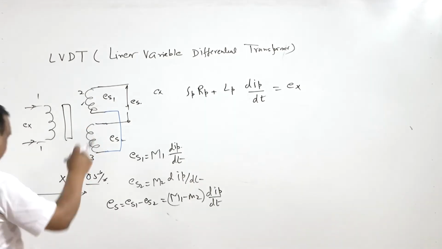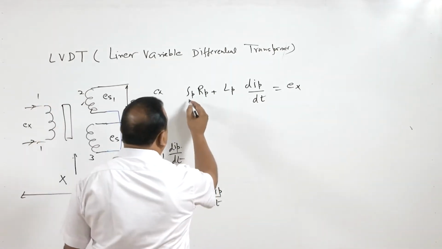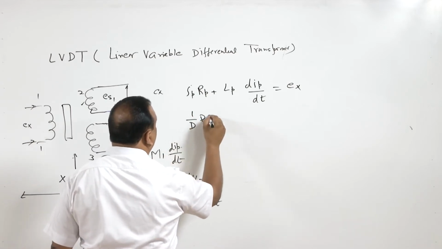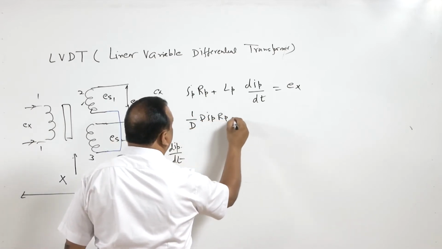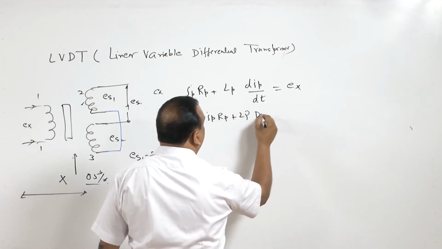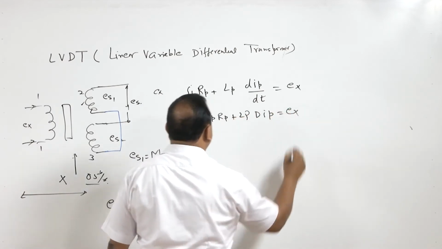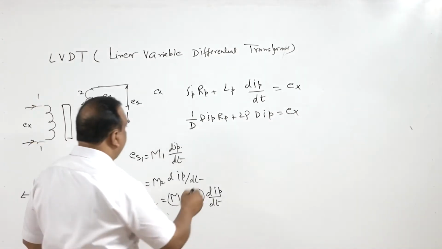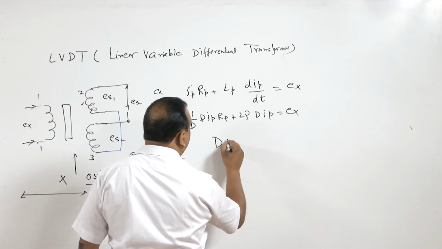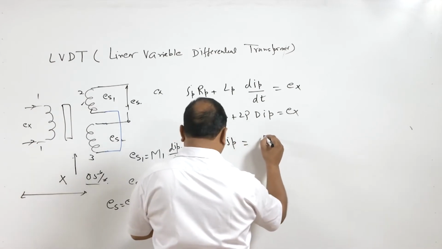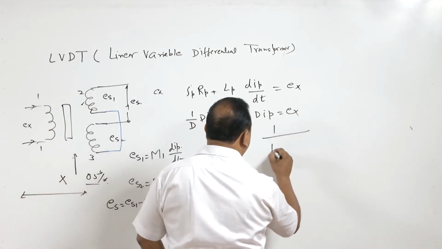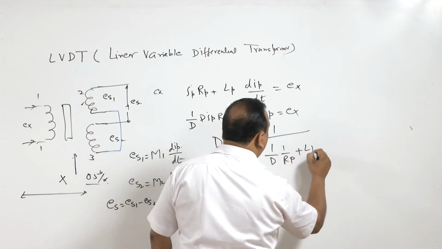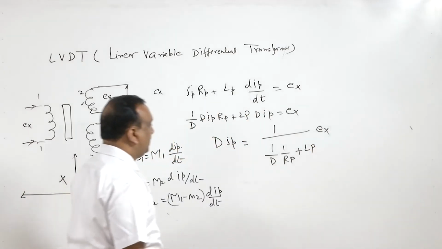Now let's go back to this equation. Now IP RP plus LP dIP by dt is equal to EX. Okay, and from here we can get dIP as 1 by (D LP plus RP) EX.